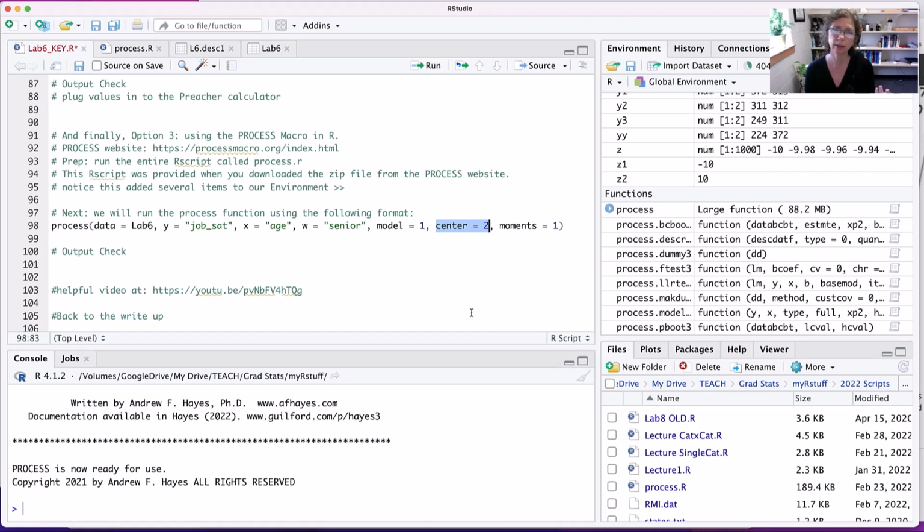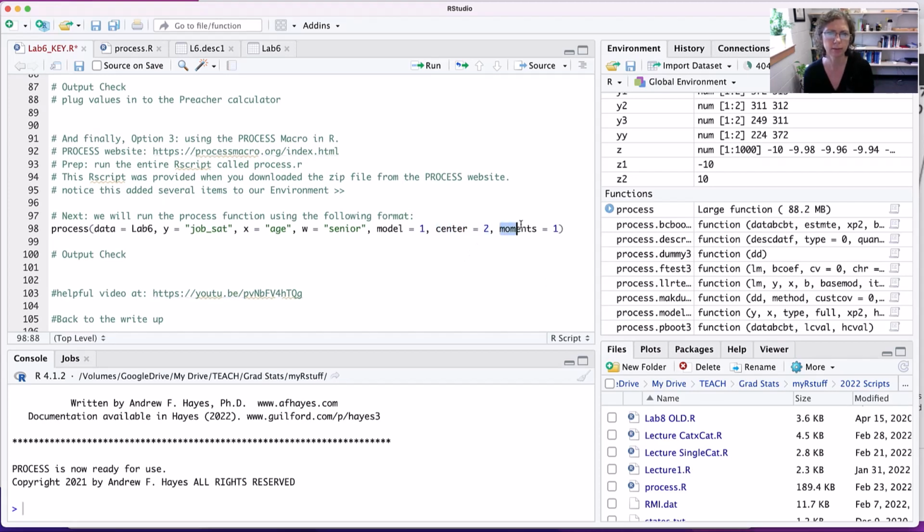This argument, center equal to, will center your variables. So again, just like when we were running in SPSS, and we didn't have to make centered predictors. Same thing here in process running in R, we can just use the regular variables and not even have to make a centered variable. But here we would have to tell the process function to center the predictors. And then this moments, this is an argument that tells R that you want one standard deviation below the mean and one standard deviation above.